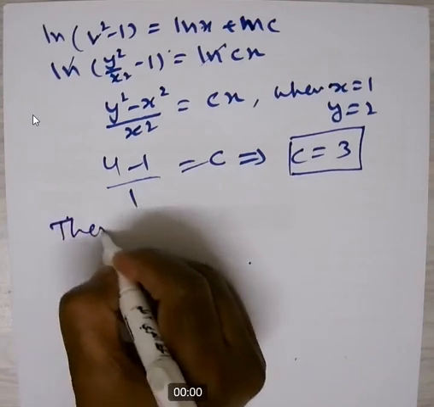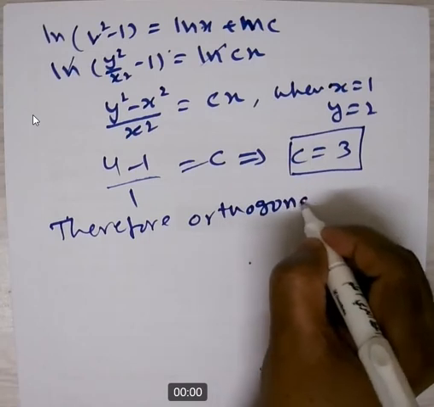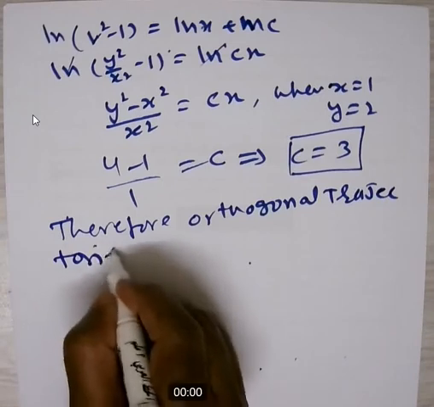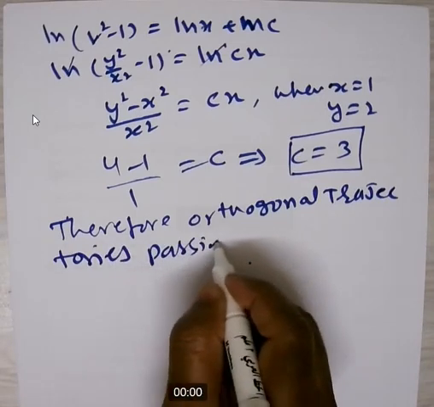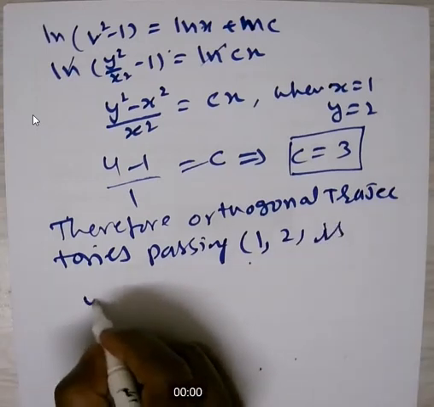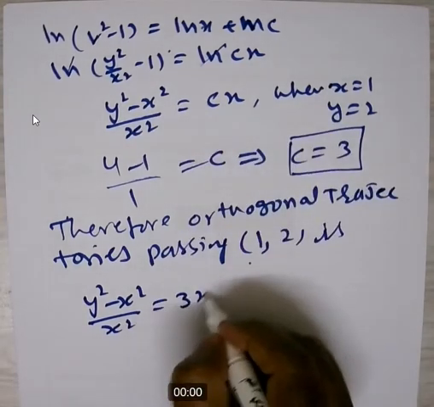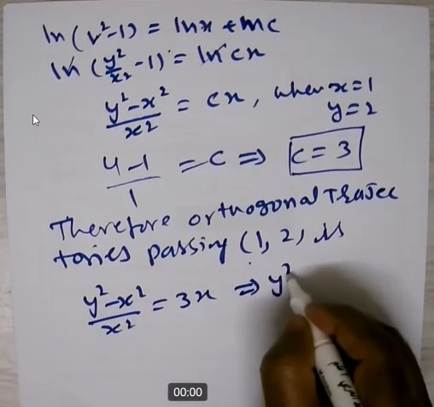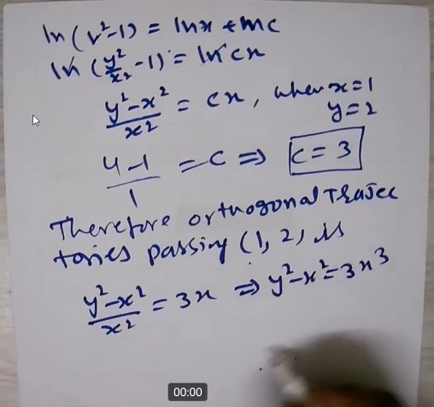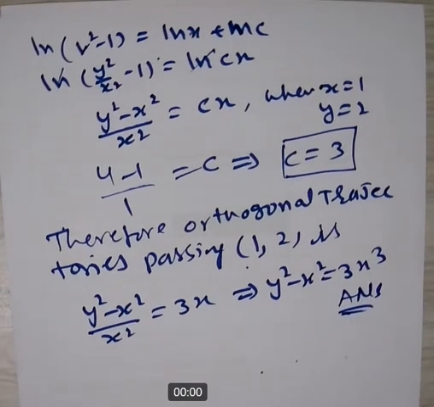Therefore, orthogonal trajectory passing through 1 comma 2 is y square minus x square divided by x square is equal to c means 3x, or y square minus x square is equal to 3x power 3. This is the answer of that question, which is passing through the 1 comma 2.